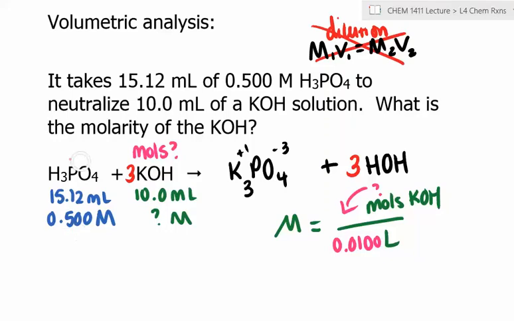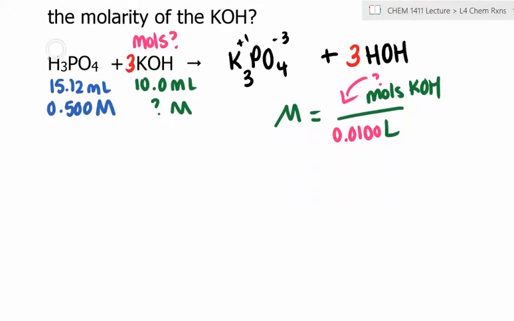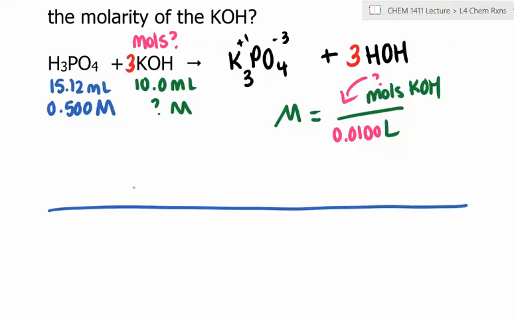Well, we have a lot of information about this reactant, and probably we'll be able to convert back and get the amount of the other reactant. So let's just start with what we know about the phosphoric acid. If I were going to start a conversion factor problem with that information and work into a stoichiometry problem, what should I start with in this first spot?